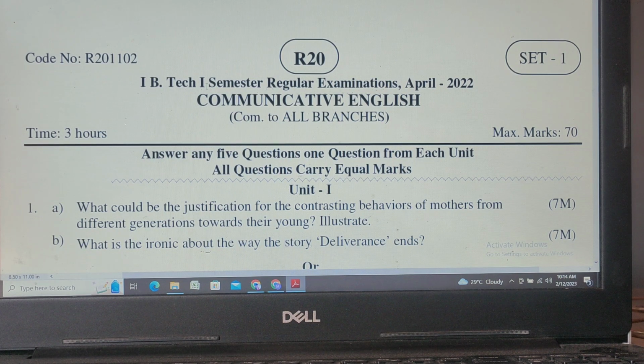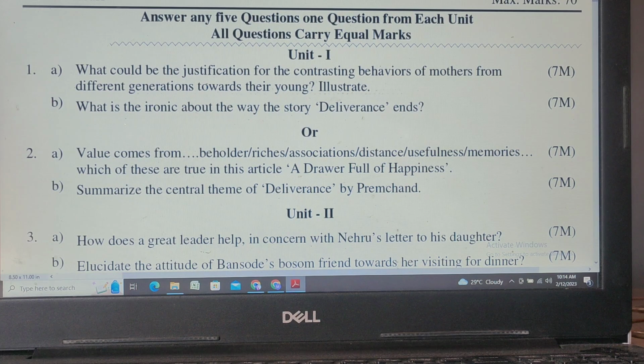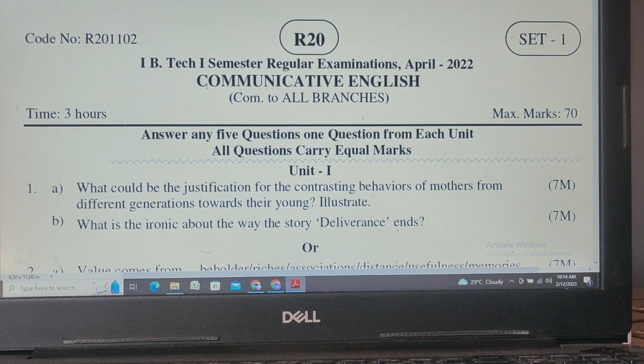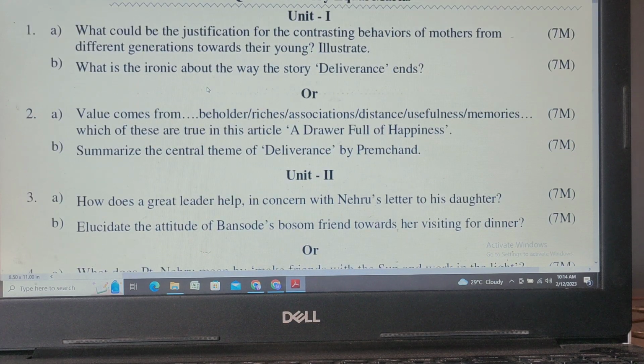And unit 5 Stay Hungry, Stay Foolish, with again a combination of idioms and phrasal verbs and other things. So don't panic.